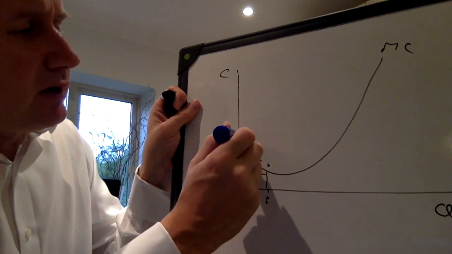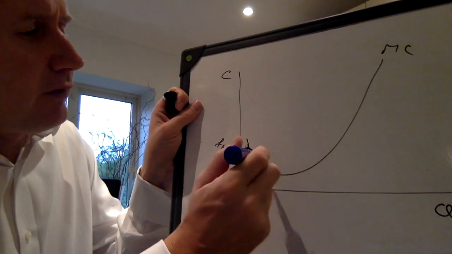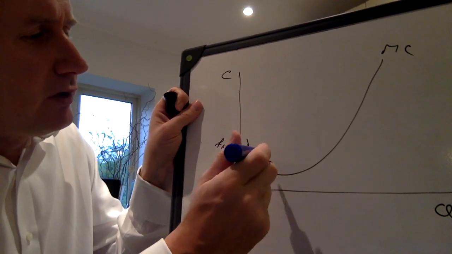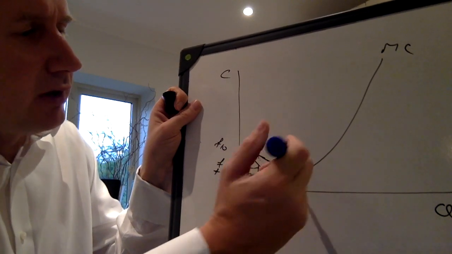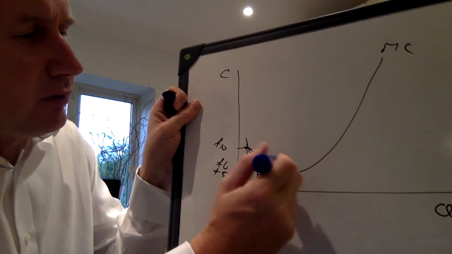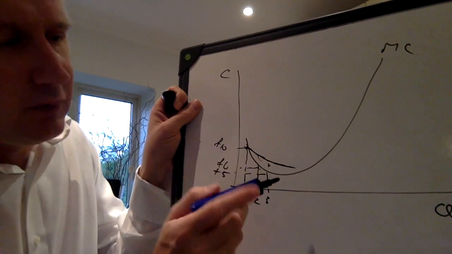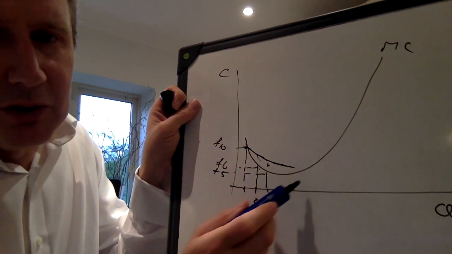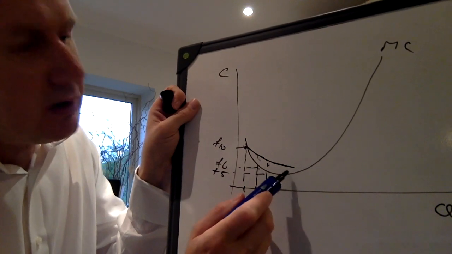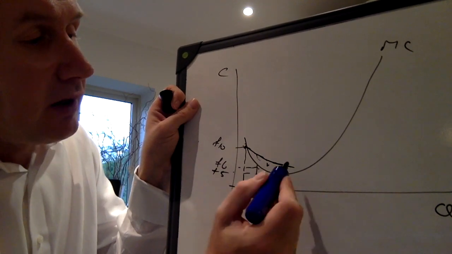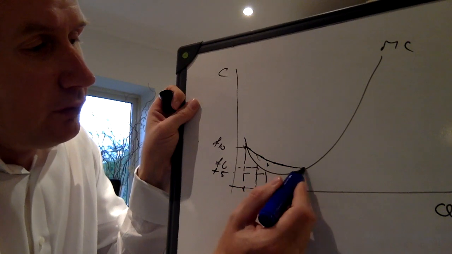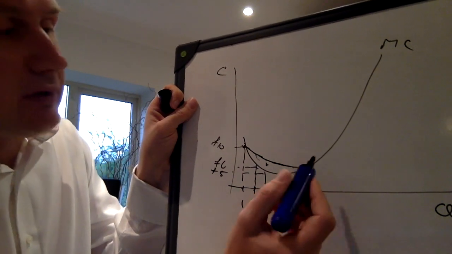This is essentially the rule of averages and marginals that we talked about before, which is that as long as the marginal is below the average, then our average variable cost curve is going to keep falling. Even on this bit here, where the marginal cost has started to rise, it's still below the current average, and therefore the average continues to fall until that point.